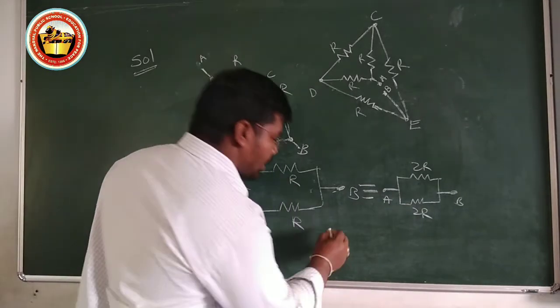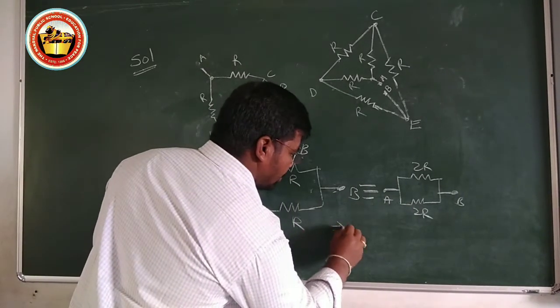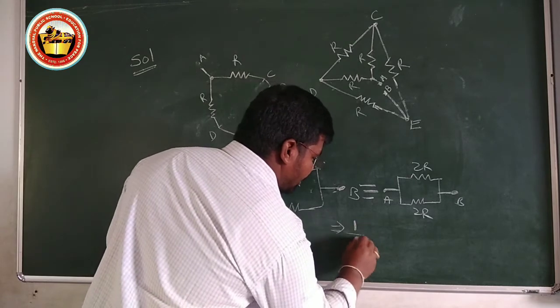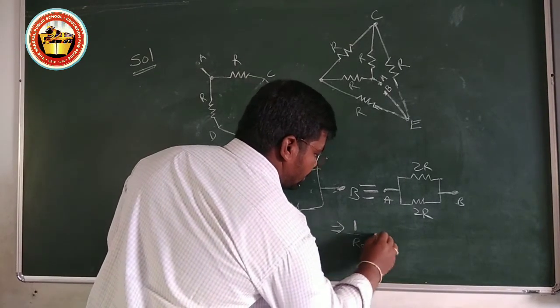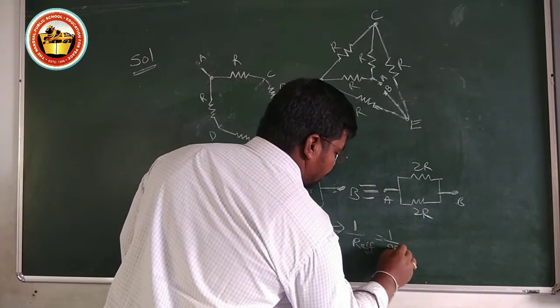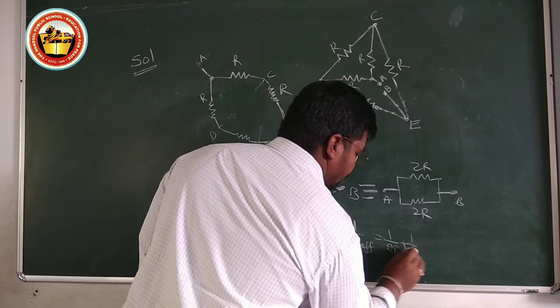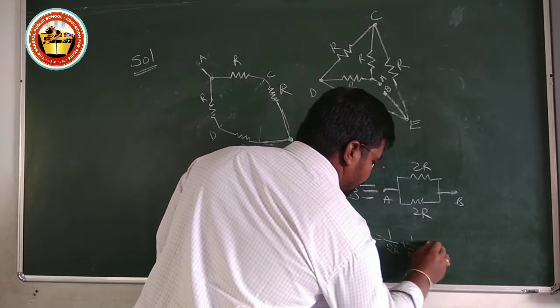So what is the formula? 1 by R effective is equal to 1 by 2R plus 1 by 2R.